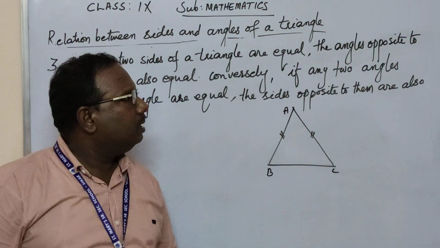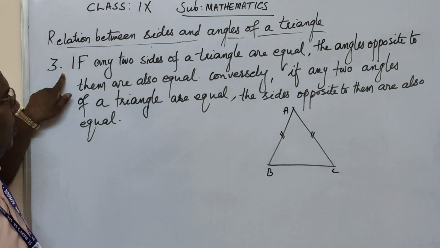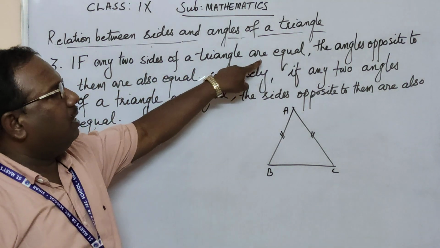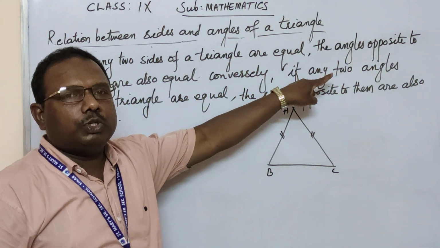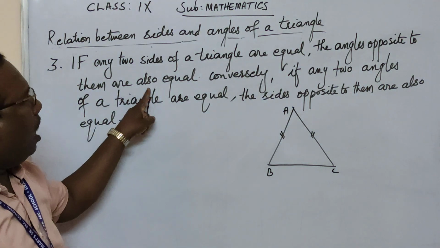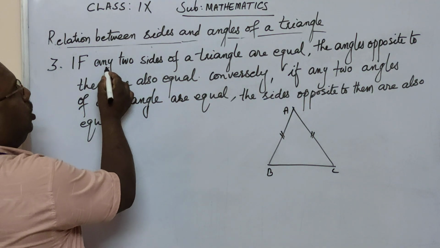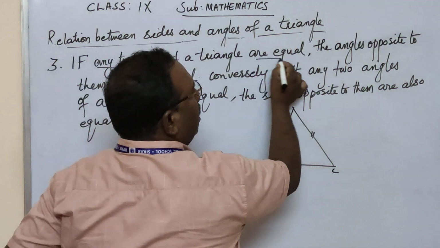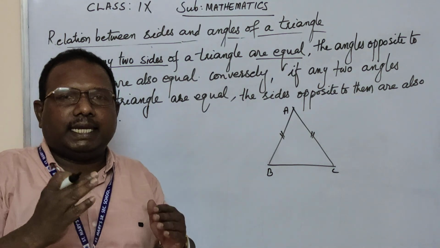Now let us learn the third point. Read the third point. If any two sides of a triangle are equal, angles opposite to them are also equal. Once more, let us read. If any two sides are equal, it is said about two sides.